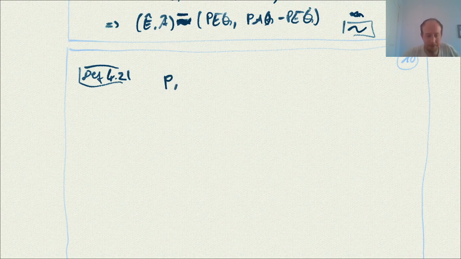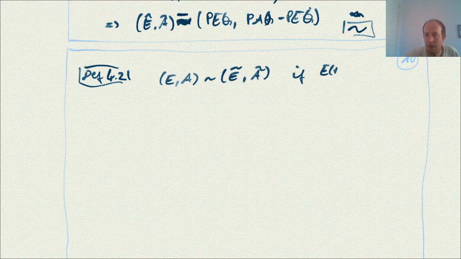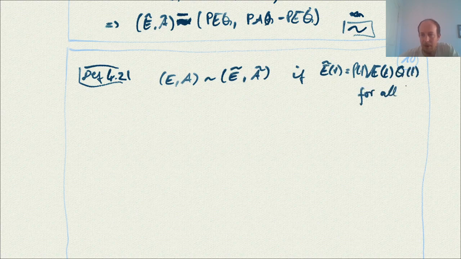Global means that EA is equivalent to E tilde A tilde globally if, for example, E tilde of t is P of t E of t Q of t for all time.